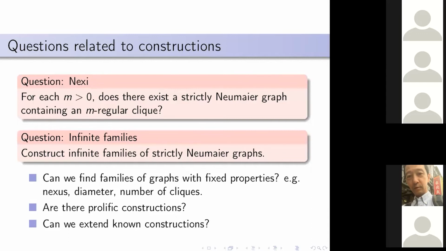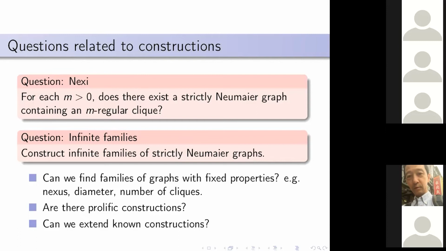So the main question, as we have already heard, is, can we find for each M a strictly Neumaier graph containing an M regular clique? I think that's one of the most interesting questions left for constructions. And in general, we are still interested in infinite families of Neumaier graphs, as there's only a handful of constructions out there.